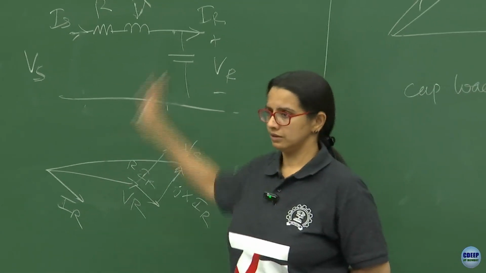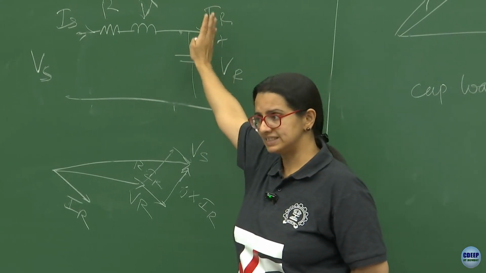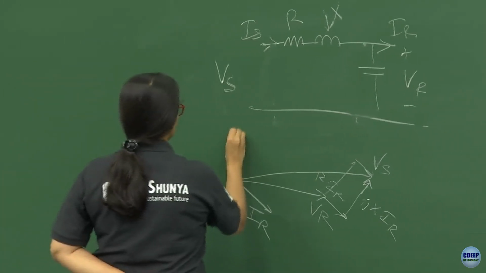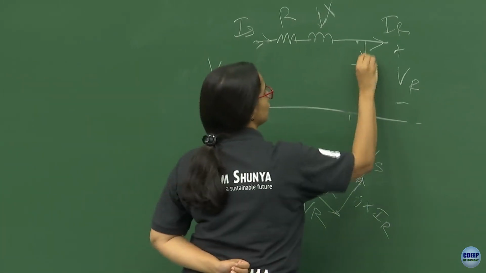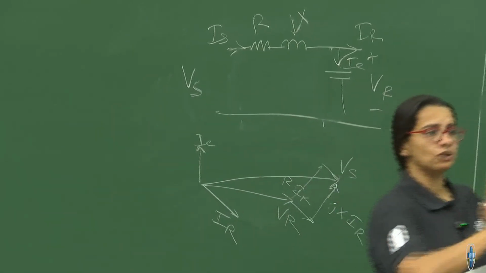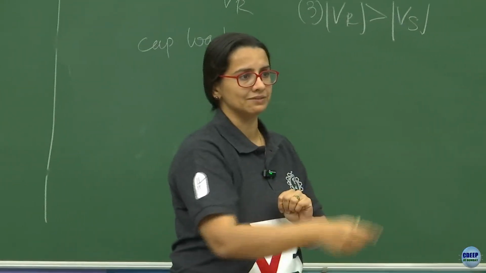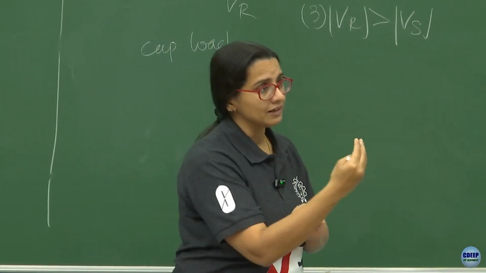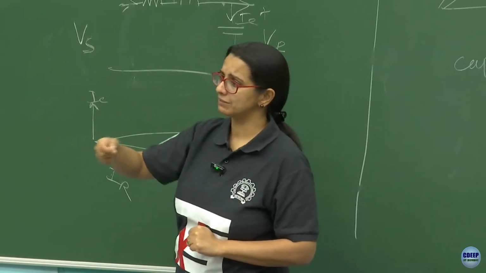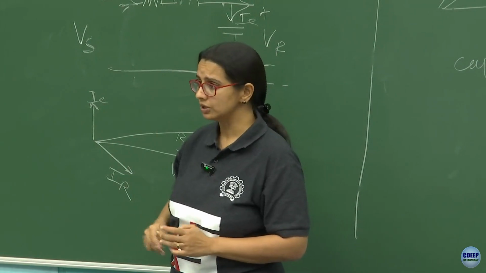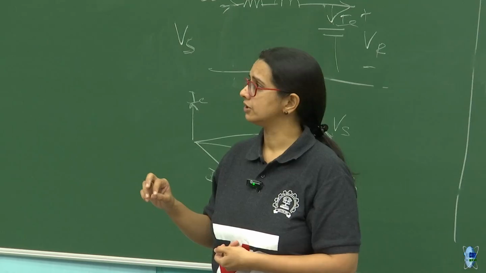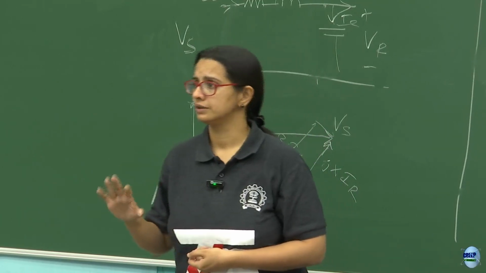Let my receiving end current be whatever it is, but I'm going to add a capacitive current, correct? That is going to flow through this, and as a consequence, the net load supplied to the receiving end may be different. It's no longer going to be a lagging current. It may be a unity power factor type current, or it could be leading also, and in that way I could regulate voltage. Make sense? All right, okay, all good?